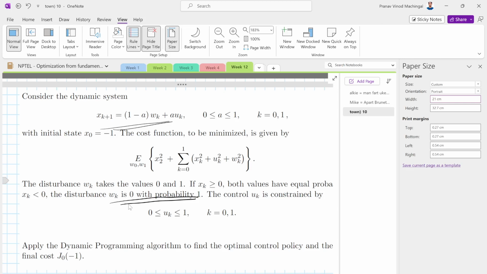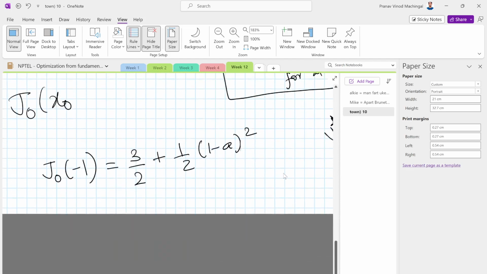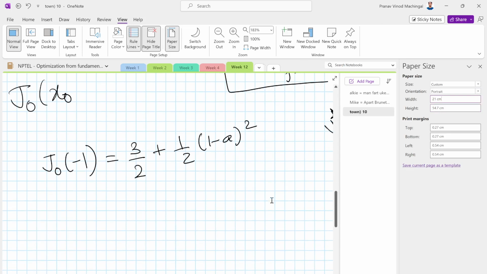So are you able to solve it? Okay. So G is 0 minus 1.